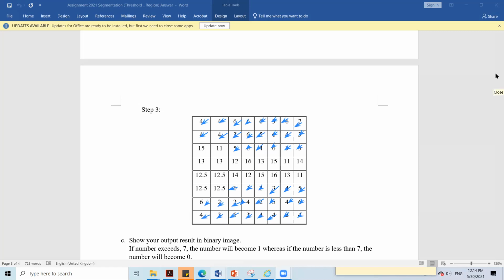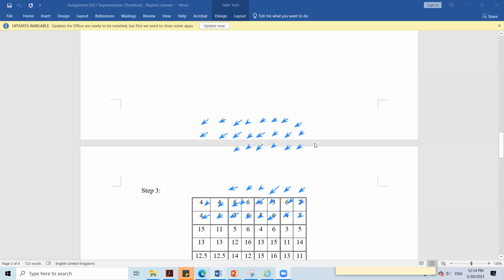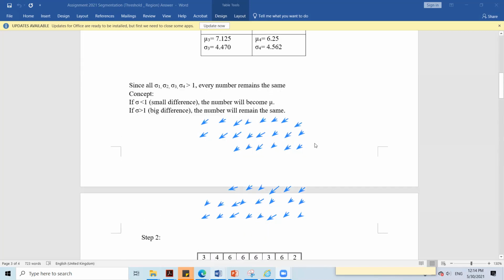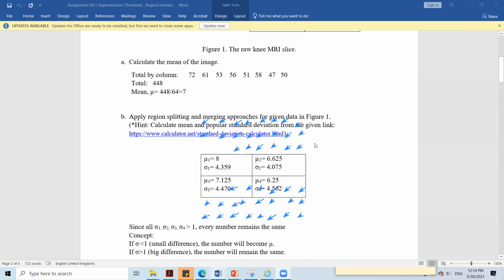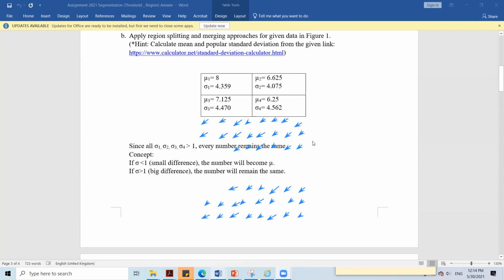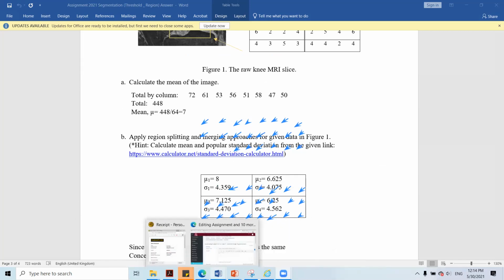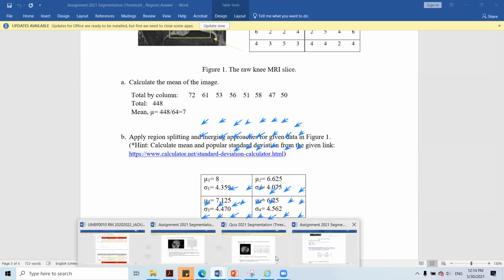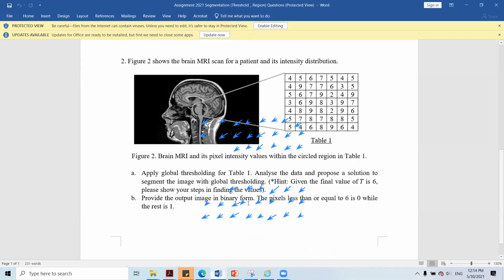Actually, normally the question will give you the threshold. Actually, here, is it using a threshold or using what? Apply the split, completed. Okay. I need to show you the question first. The quiz assignment.